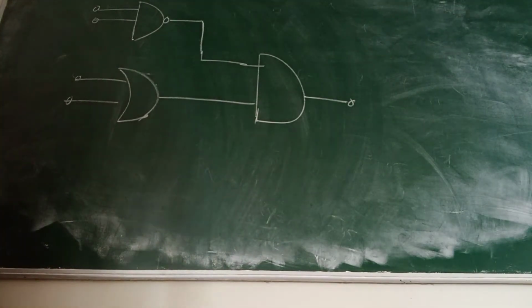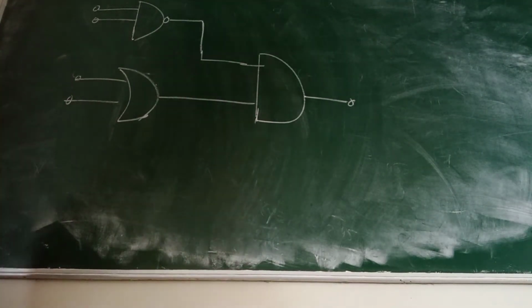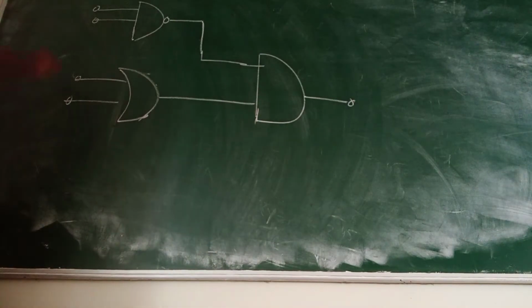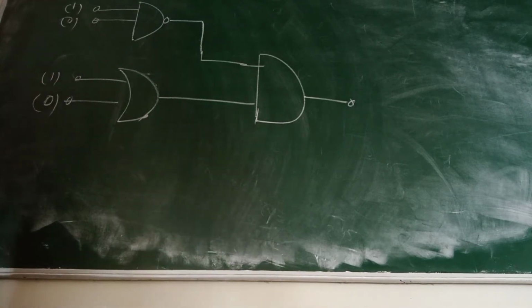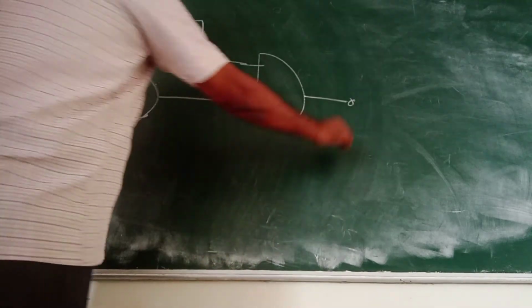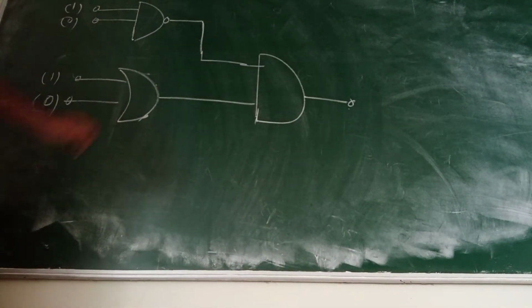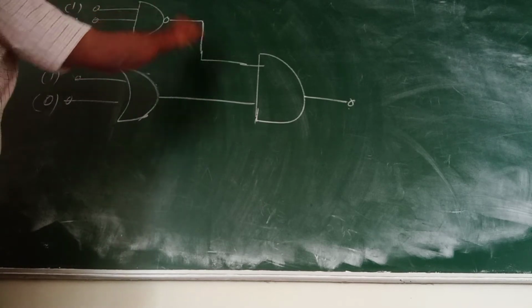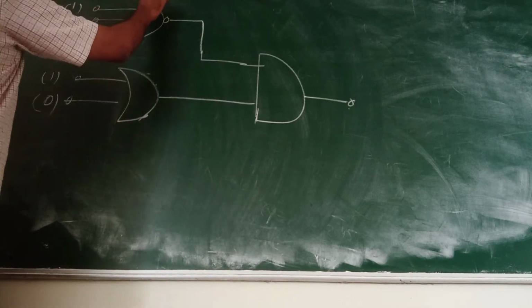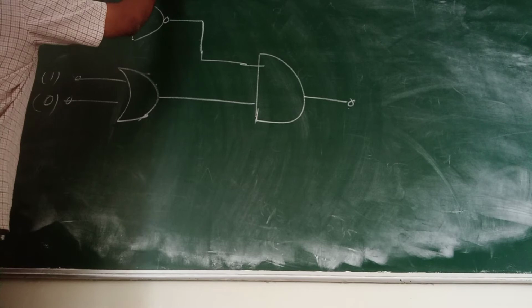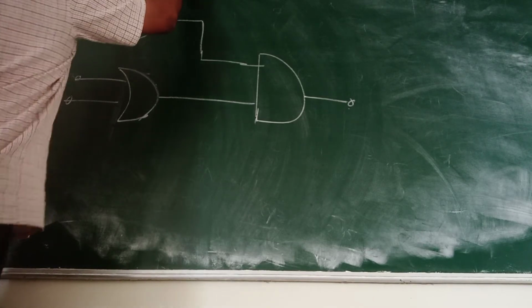Okay, this is how I have given it. Let us say the input signals here are 1, 0, 1 and 0, and we need to find out what is the output here. So we need to first identify the gates. This line is straight and there is a circle here, so this is basically AND, but it has become NAND.